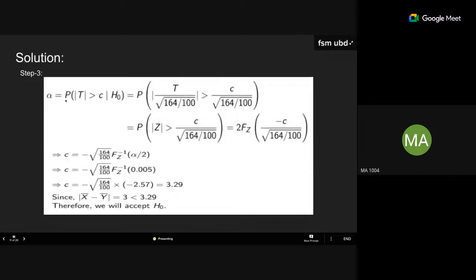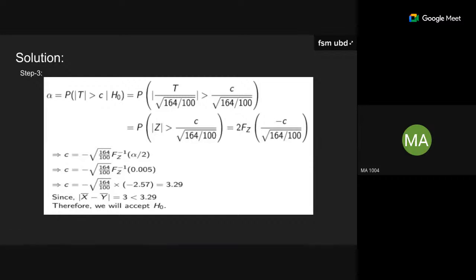So now you see alpha will be equal to the probability that you reject H0, which is when mod t is greater than c, given H0 is true. When H0 is true, I know this t will follow normal 0, 164 by 100.